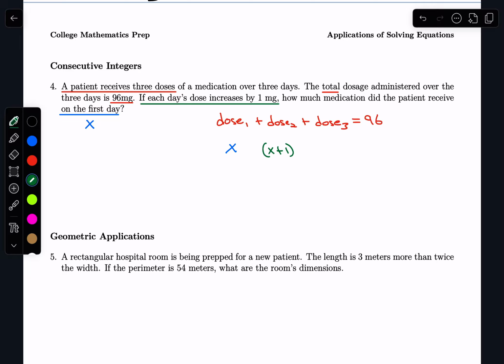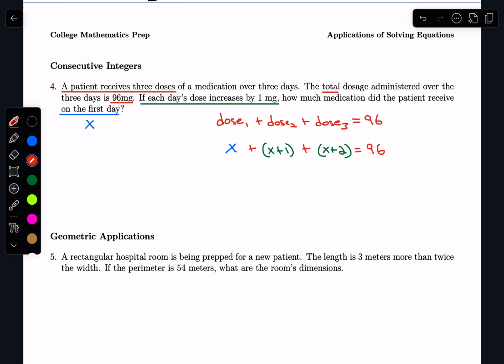But then the next day, dose 3, I'm going to increase the previous dose by 1. So it's not going to be X plus 1 again. It's going to now be X plus 1 plus 1, which is X plus 2. So when I add up these 3 doses, they're going to be 96, but I can represent each dose as X, X plus 1, and X plus 2.